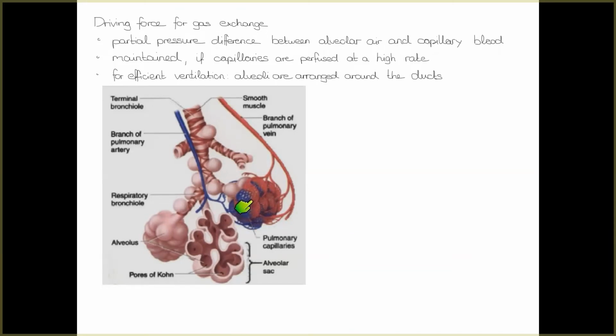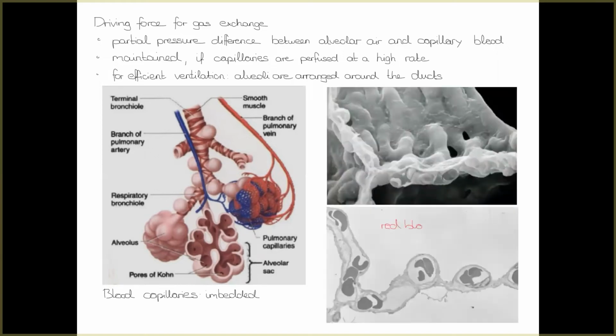In this sketch, we have individual alveoli, and then this network of capillaries embedded in these membranes, and that's where we have the gas exchange. These are the blood capillaries embedded here, and we can see these very nice pictures.